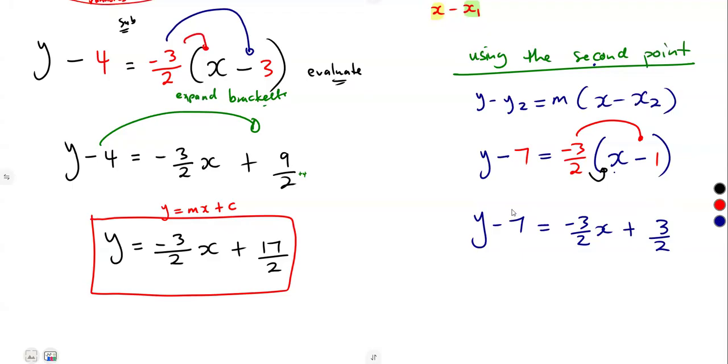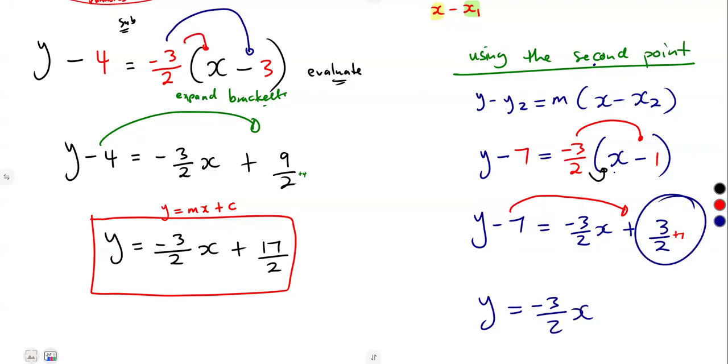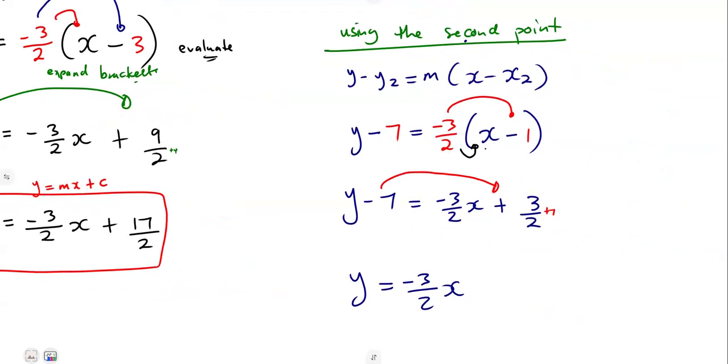So you're going to take the negative 7 to the other side of the equation. It was a negative, so here it's going to add to change the sign. So y is equal to minus 3 over 2x, then you simplify this: 3 over 2 plus 7.